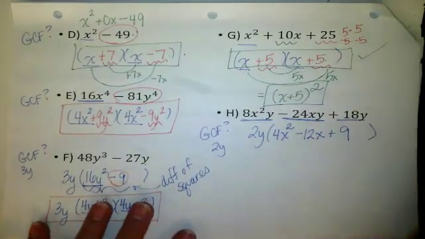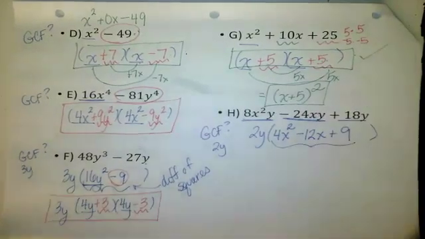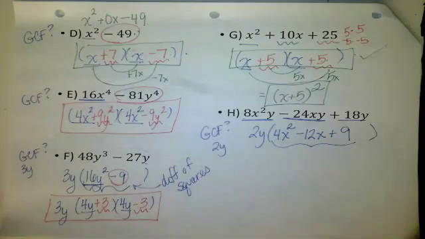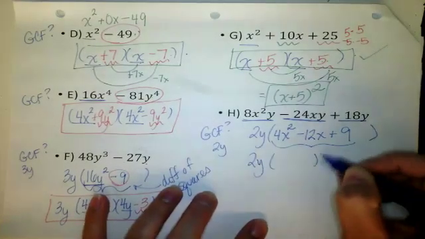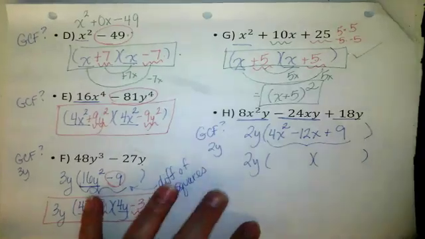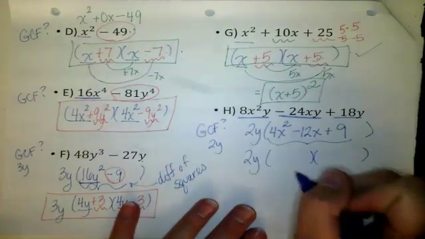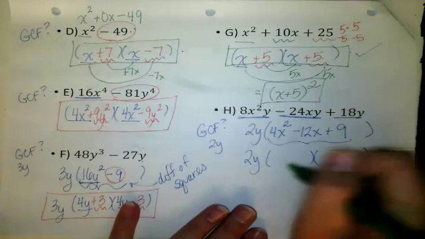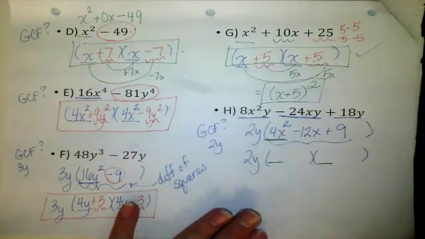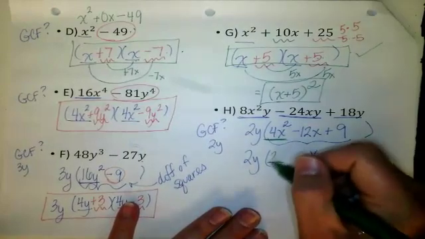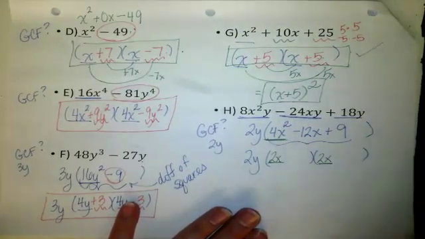How do you know you did it right? Distribute, yeah. All right, now I have a trinomial. What should we try to do? Try to double bubble. Trinomial, try to factor. First times first has to be 4x squared. What times what's 4x squared? 2x times 2x.